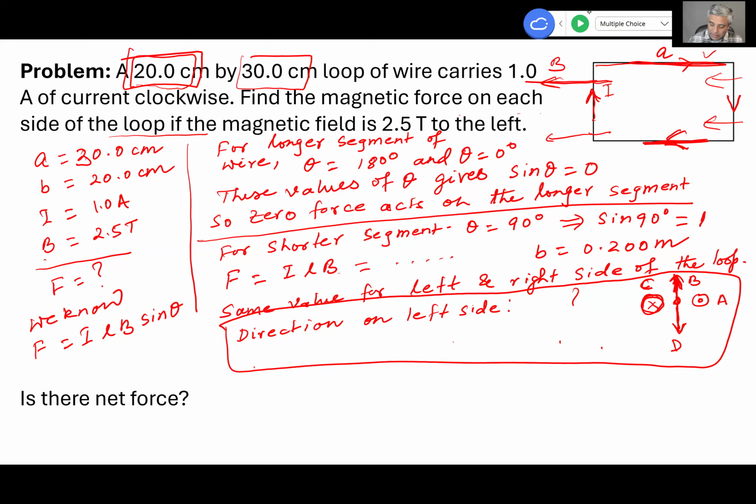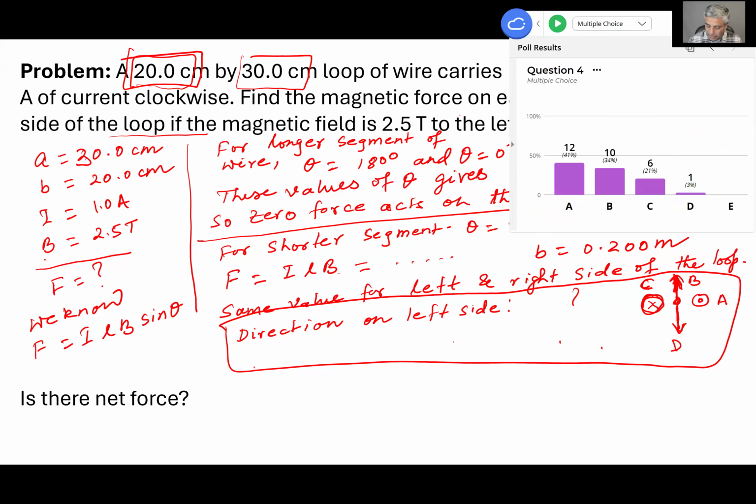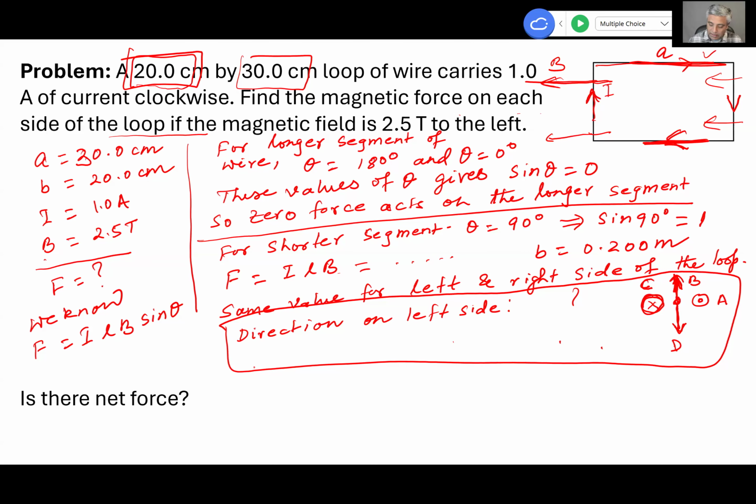Okay, let's see how we did. We have A and B, and there are some C, and the correct answer is A in this case. So the current is going towards you folks here in the camera, right? My tablet is on the table.